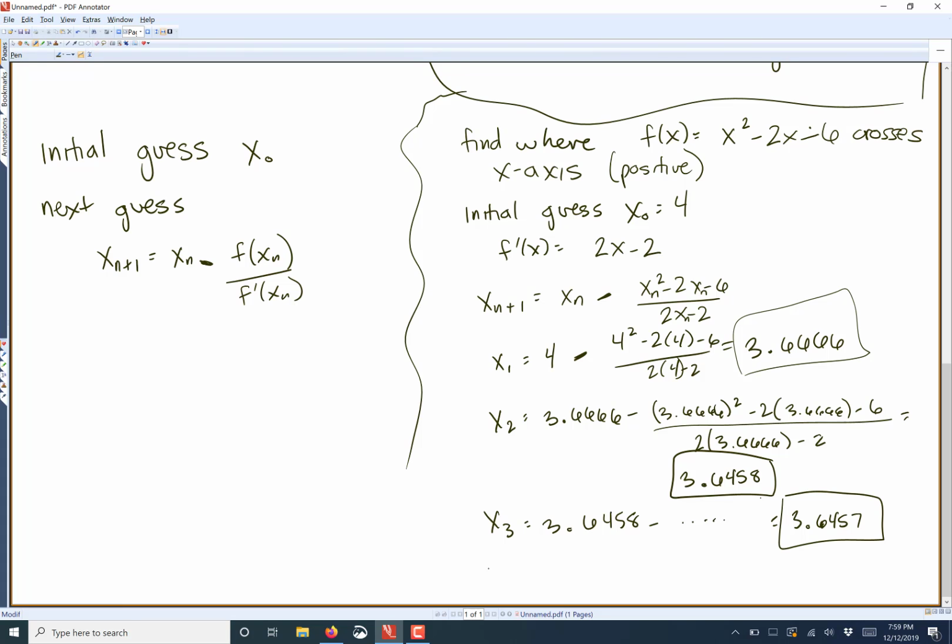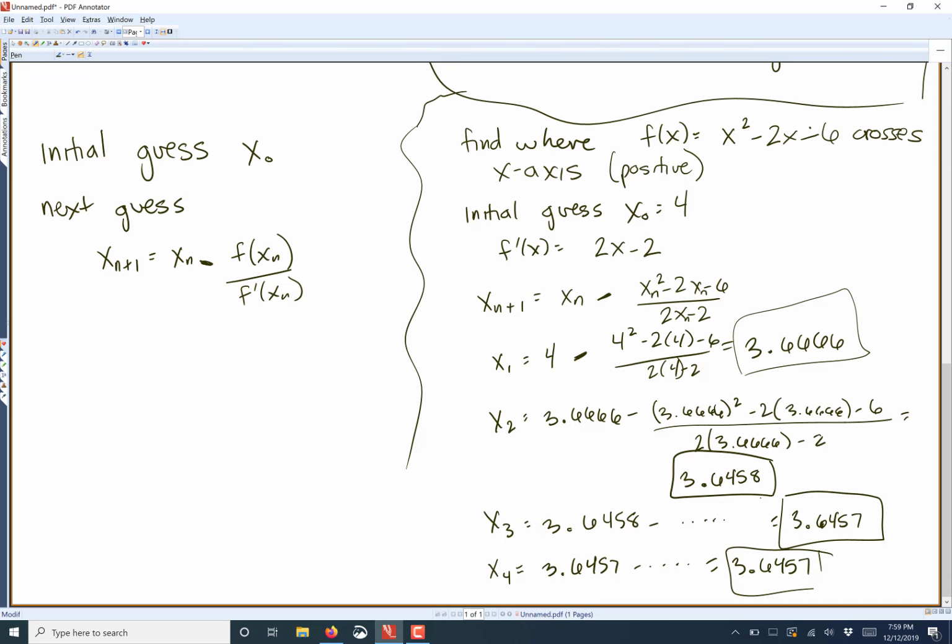So you can tell we're getting really close. Let's try again. Let's put in 3.6457 and do the same thing. When I put that in, I just get 3.6457, so I'm not even changing anymore. Again, if you're going out to 6 or 9 decimal places, you're going to get even better results.